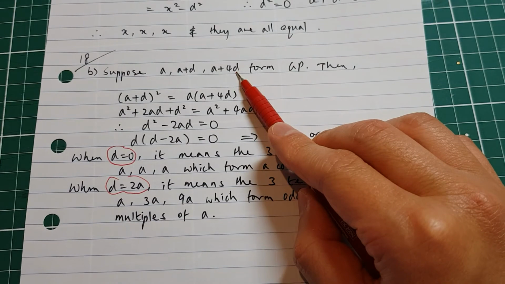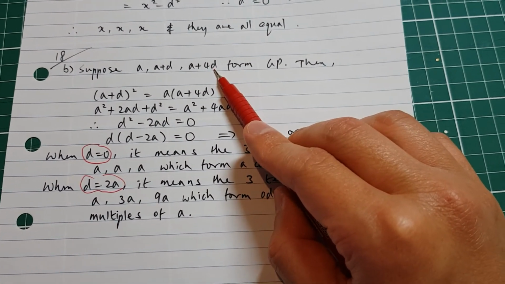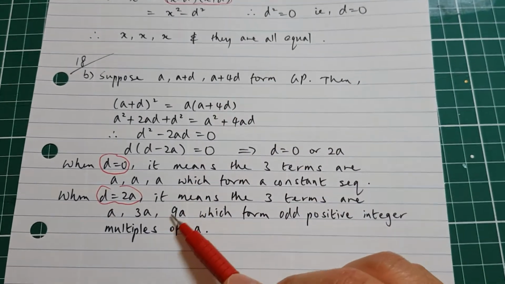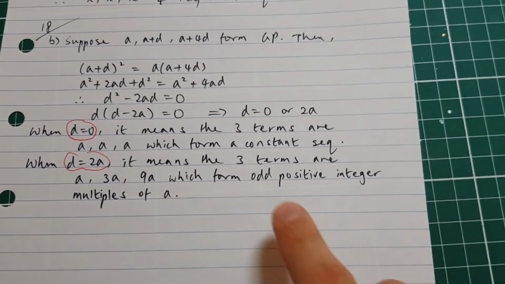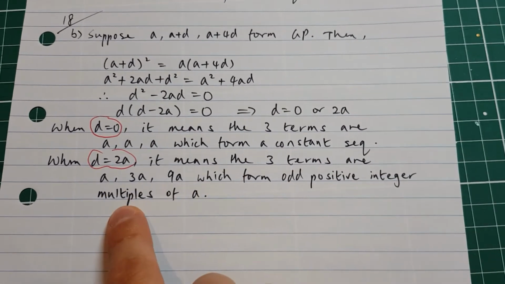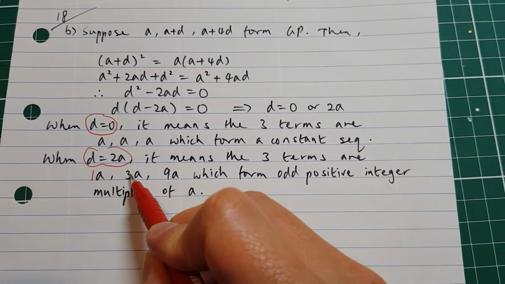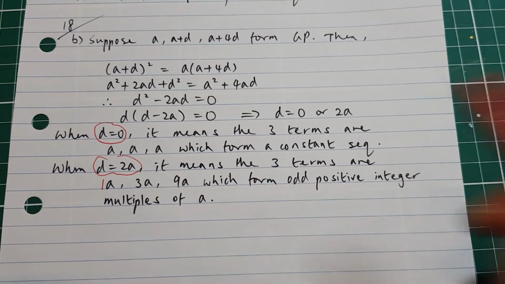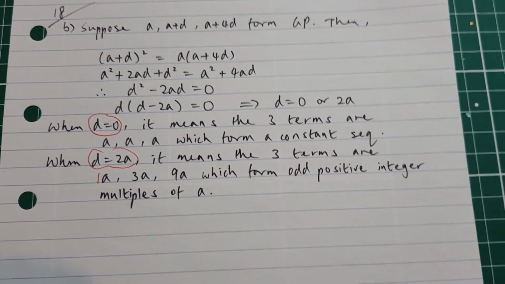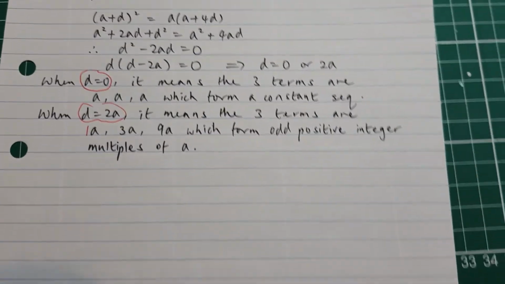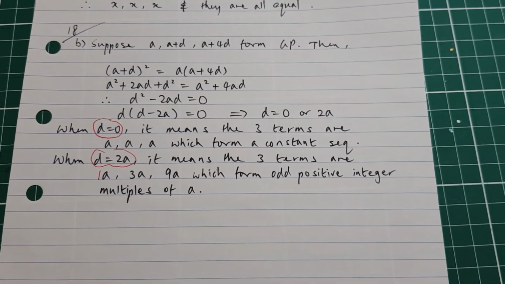Here, 4 times d, which is 8a, plus a, which is 9a. So these are the three terms in that sequence, which are odd positive integer multiples of a, because 1 is odd, 3 is an odd integer, and 9 is too. So it meets the condition for the question to be proved.